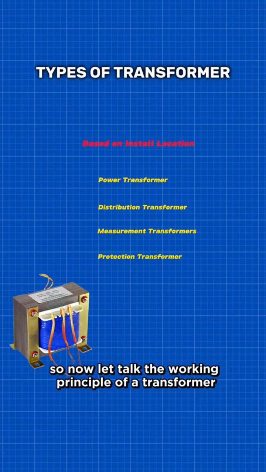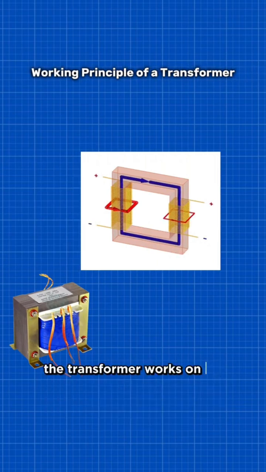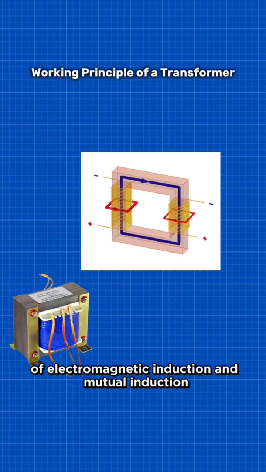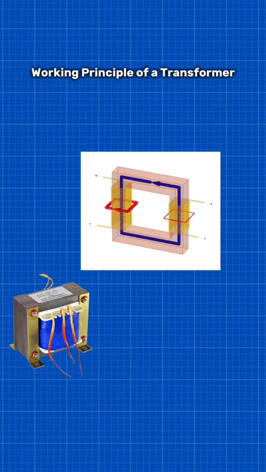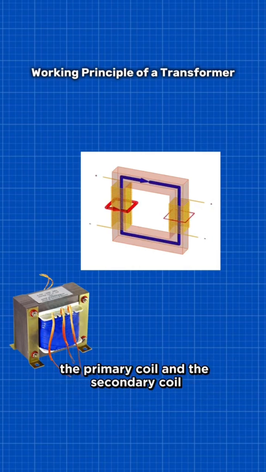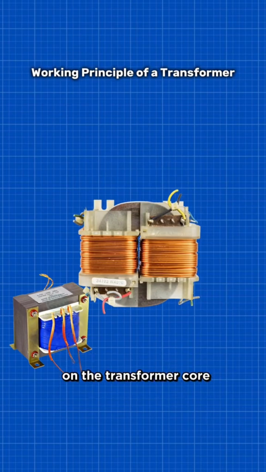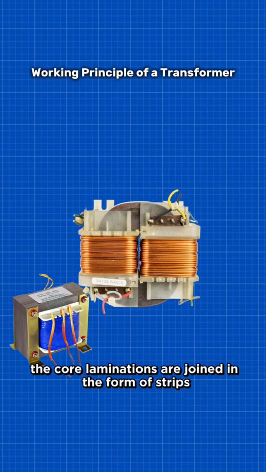So now let's talk about the working principle of a transformer. The transformer works on the principle of Faraday's law of electromagnetic induction and mutual induction. There are usually two coils, the primary coil and the secondary coil, on the transformer core. The core laminations are joined in the form of strips.